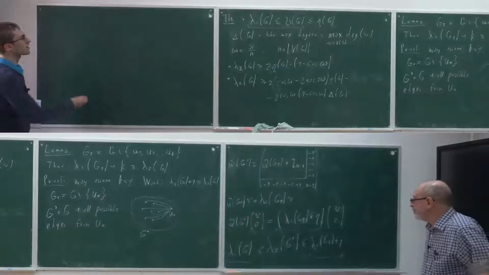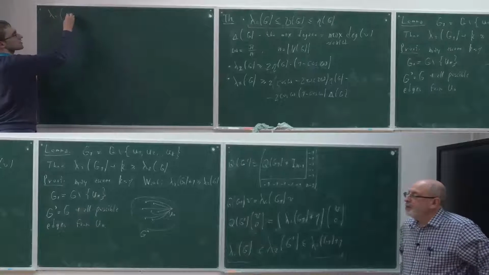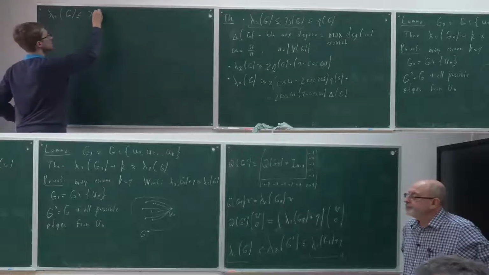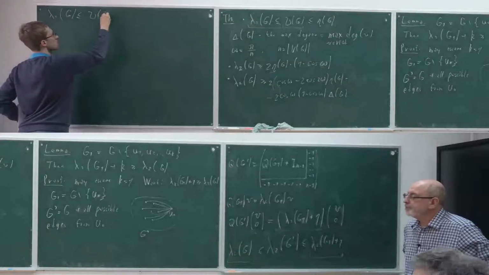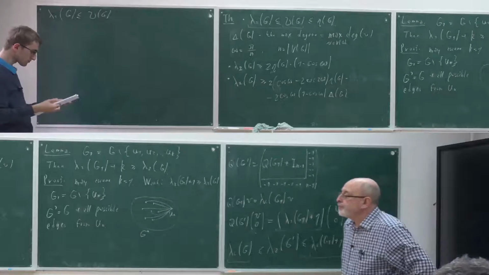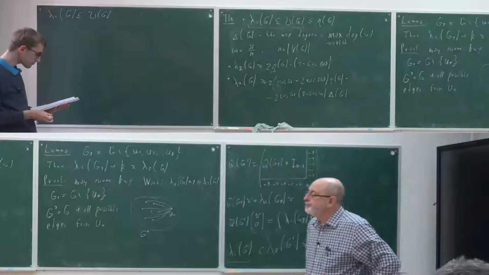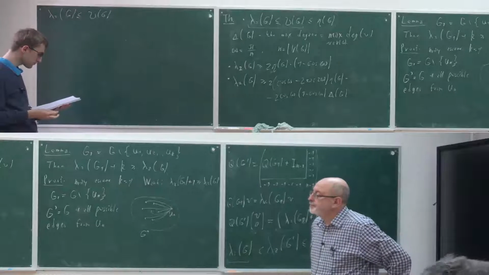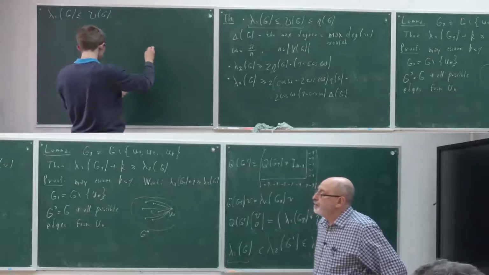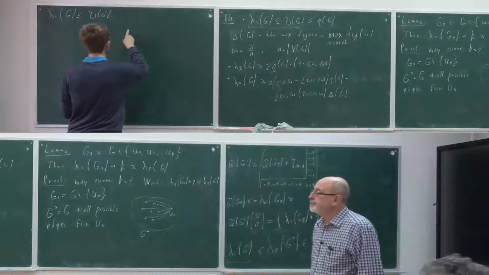Okay, now I'm going to prove that lambda 2 is less or equal than the vertex connectivity. So suppose we have some graph.